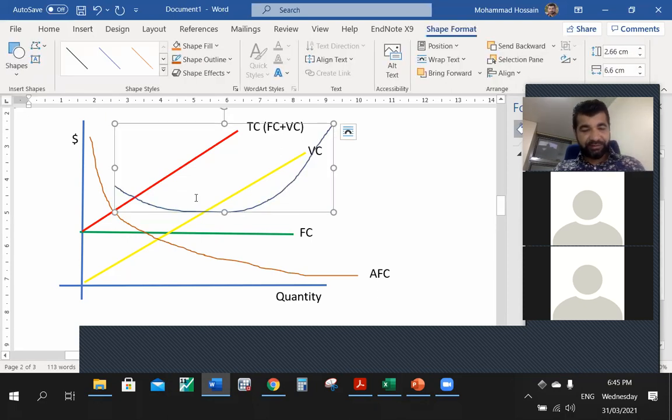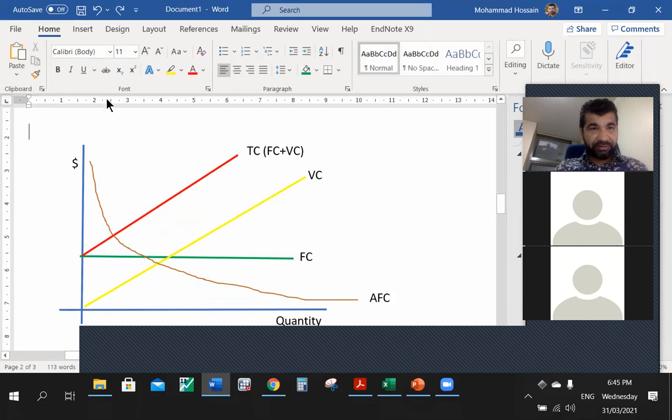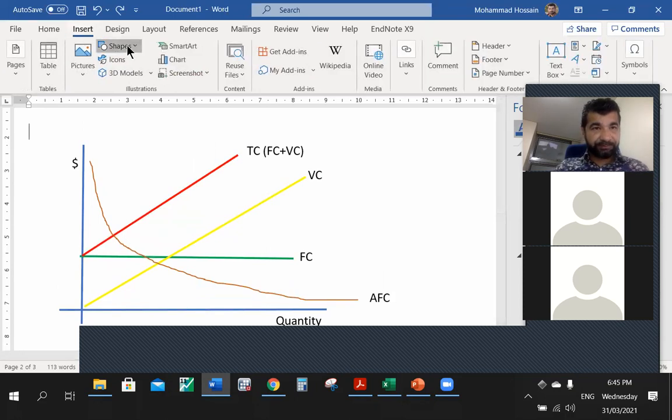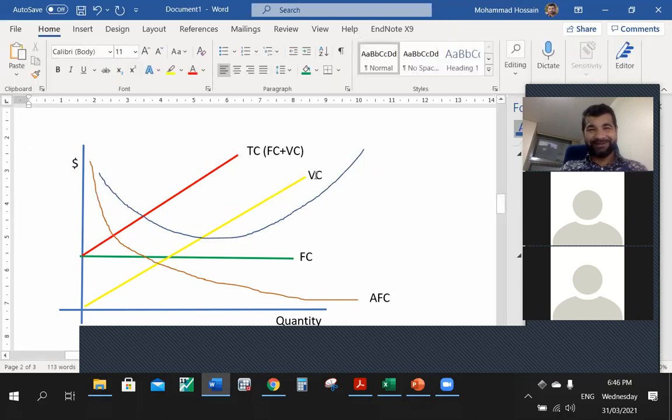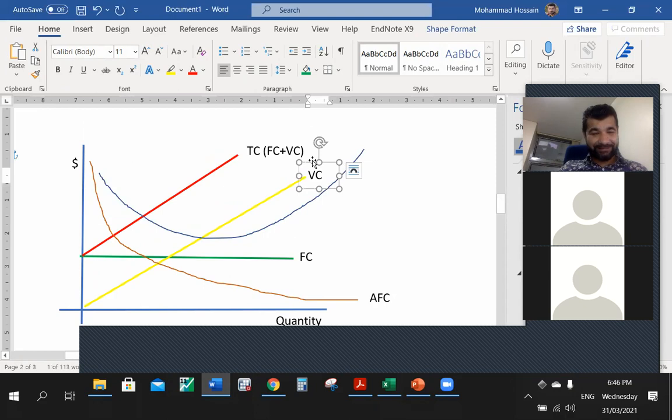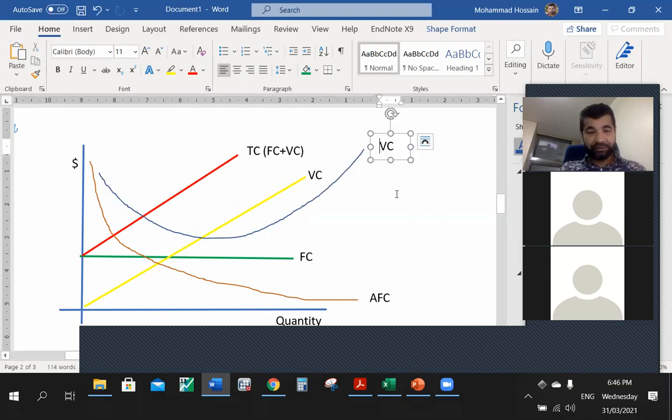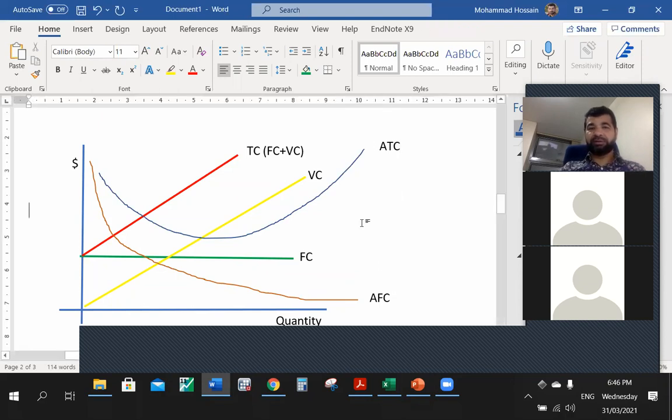I think it's not done properly actually. These don't actually become average total cost, to be honest. ATC. This is sort of like U shape, average total cost. Average total cost. Okay.